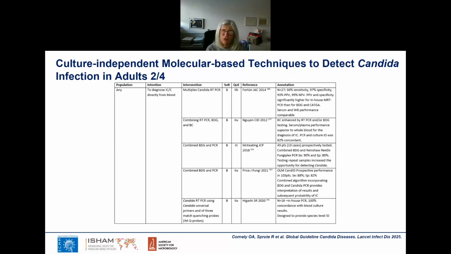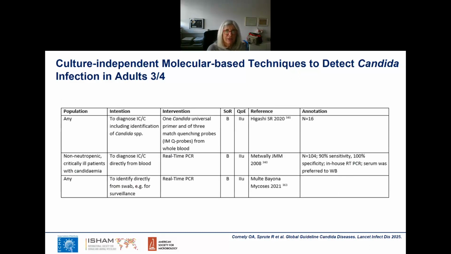But what we can learn from these studies is that repeated testing will increase the diagnostic outcome. And even if we use a combination, for example, with the beta-D-glucan test, this only moderately improves the outcome. The detection overall can be improved by using a pan-fungal PCR.